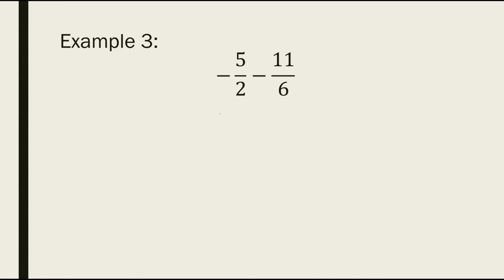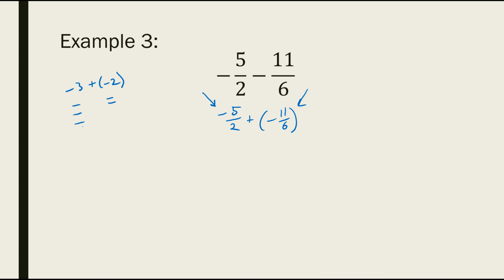Here I have a negative 5 halves and I'm adding a negative 11 over 6. Remember, subtracting is the same as adding a negative. So in this case, because I have a negative here and a negative here, remember what that looks like with the piles. Let's say I had negative 3 plus negative 2. This was 3 negatives, this was 2 negatives. The piles are adding up.